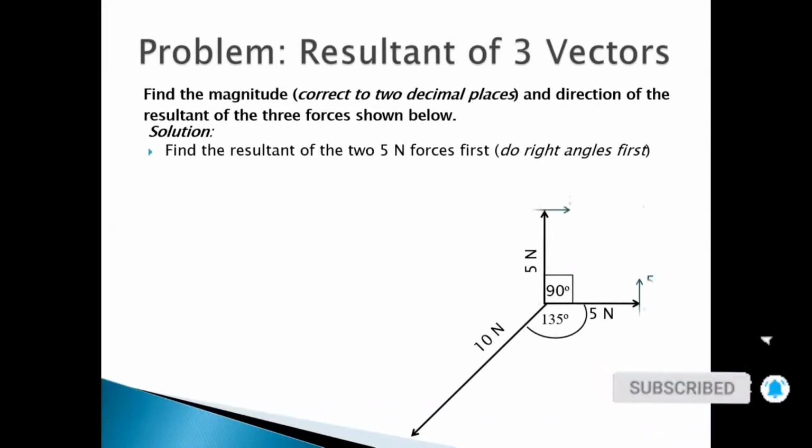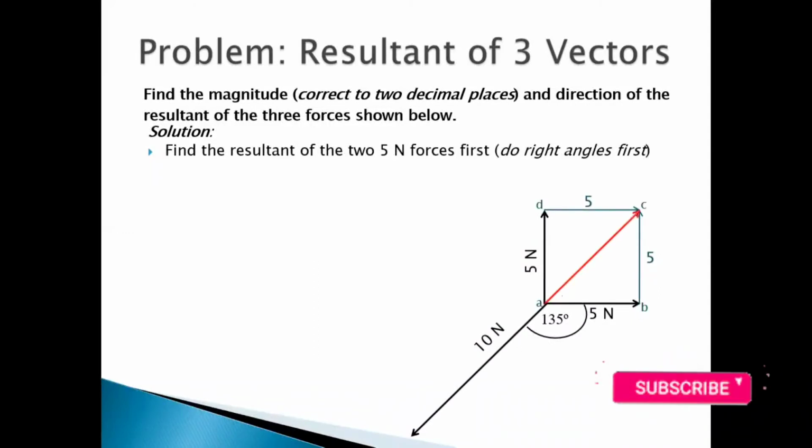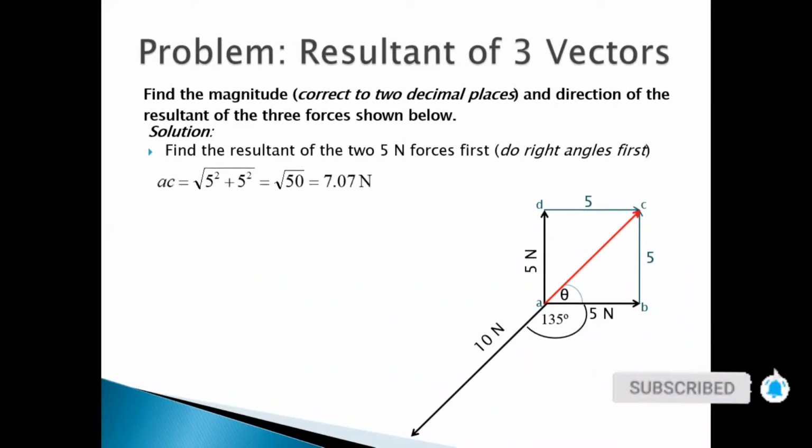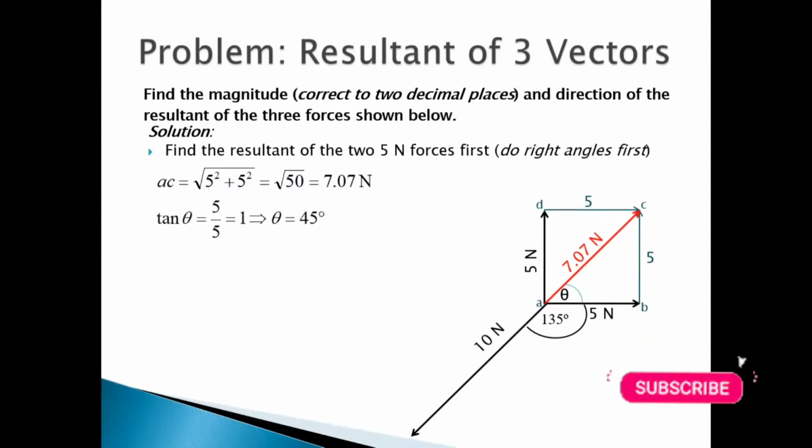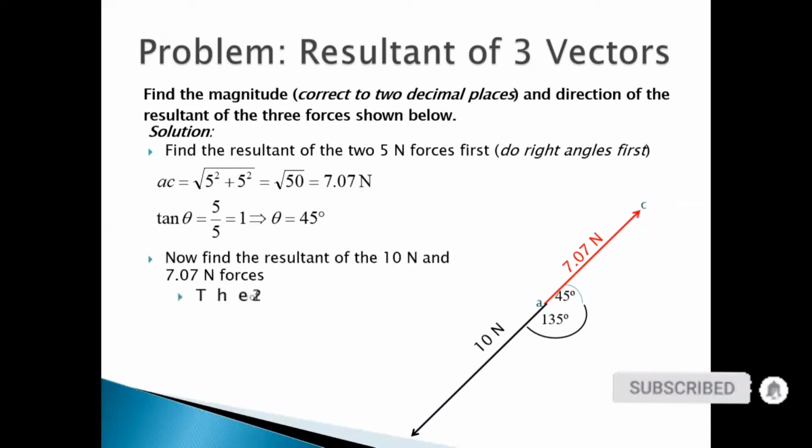So by completing the parallelogram, a triangle, and then get the magnitude by applying the Pythagorean theorem, and you will have 7.07 newtons magnitude. Get the angle of elevation by getting the tangent, 5 over 5 is 1. Tangent 1 is equal to 45 degrees.